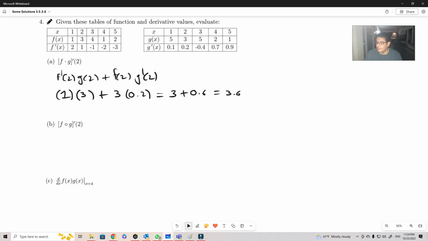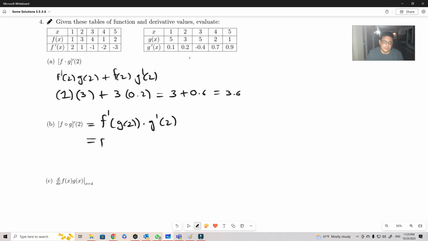Now it is important not to be confused with symbols, and so in here notice that this symbol here is not the product. This is the composition, so this is not talking about a product rule, this is talking about a chain rule. This is f prime of g of 2 times g prime of 2.